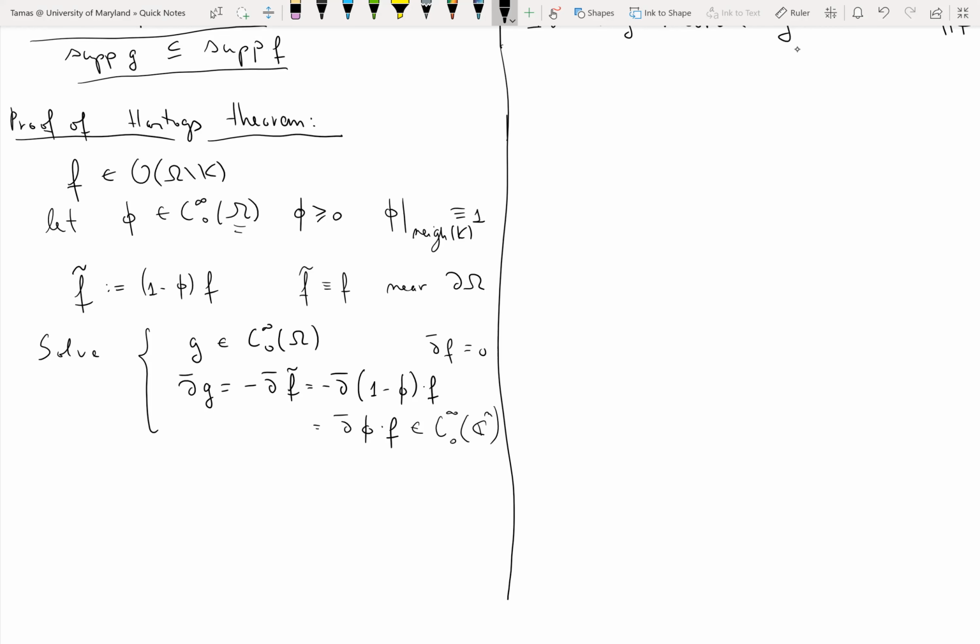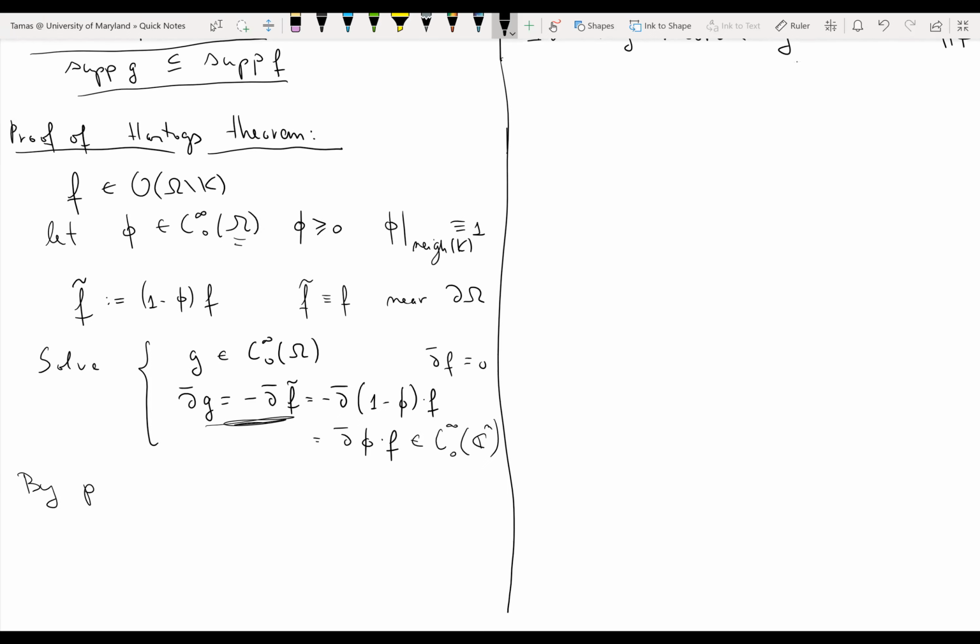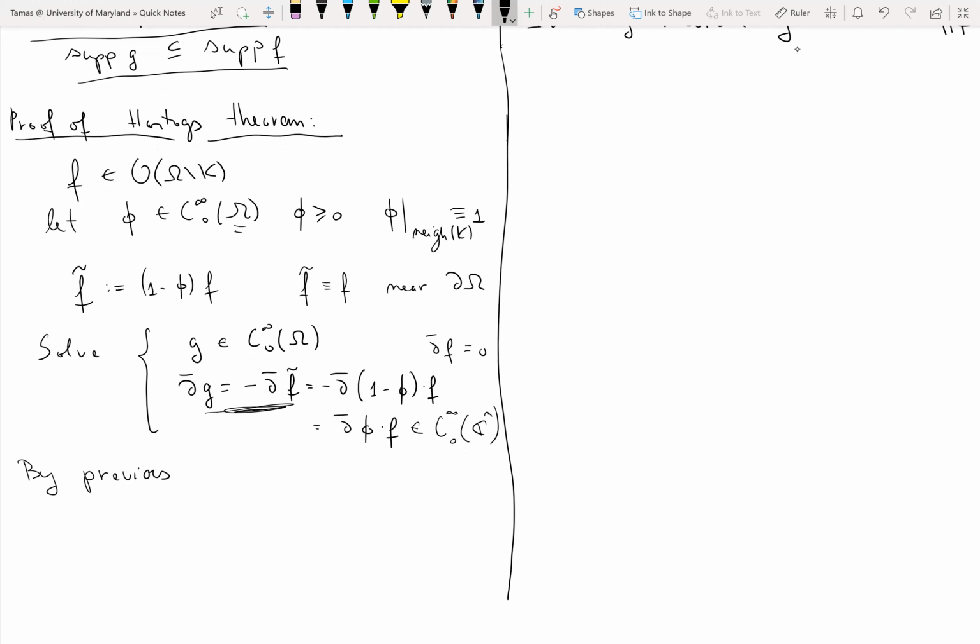So by the previous theorem, we know that there is a compactly supported g solving this equation. So by the previous theorem, g exists. Okay, so we want to solve the Delbar equation and we also want g to be compactly supported.